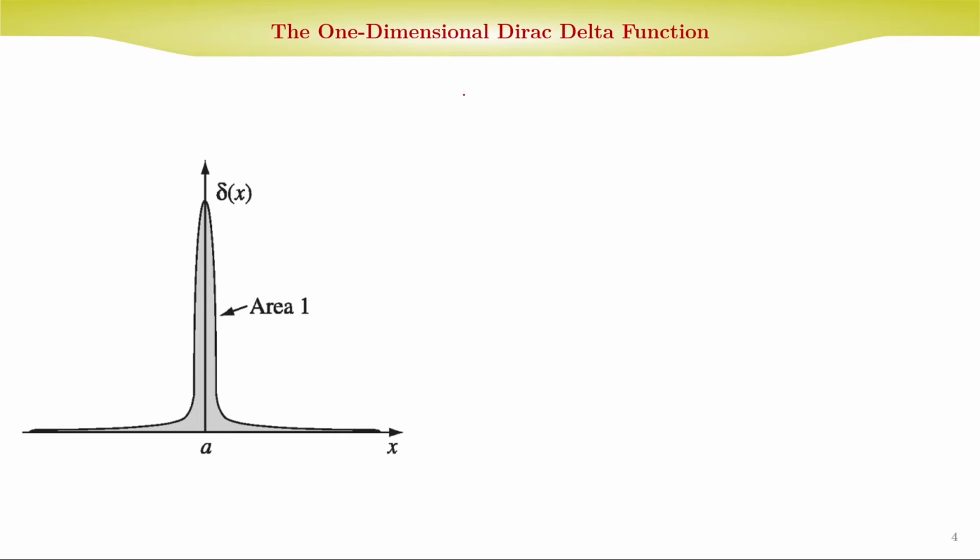That means that we mathematically define the Dirac delta function delta x as equal to 0 if x is not equal to 0, and the value of the function will be infinite if x equal to 0. Also, when we take the area under the curve within the limits minus infinity to plus infinity, this will be equal to 1.